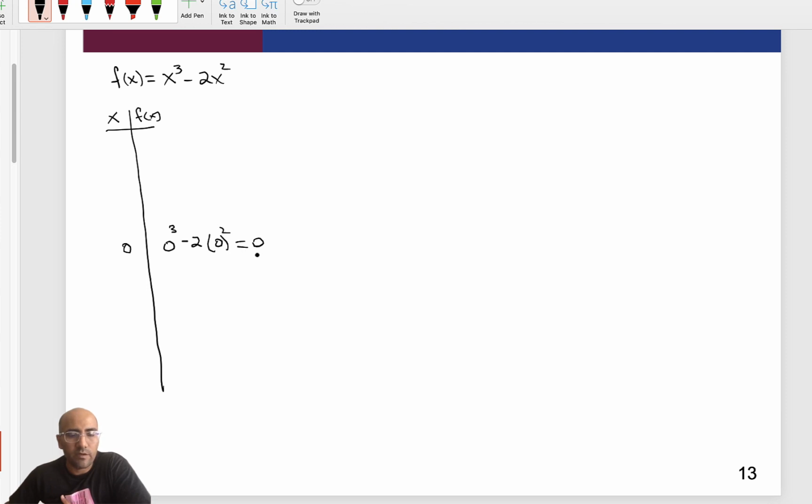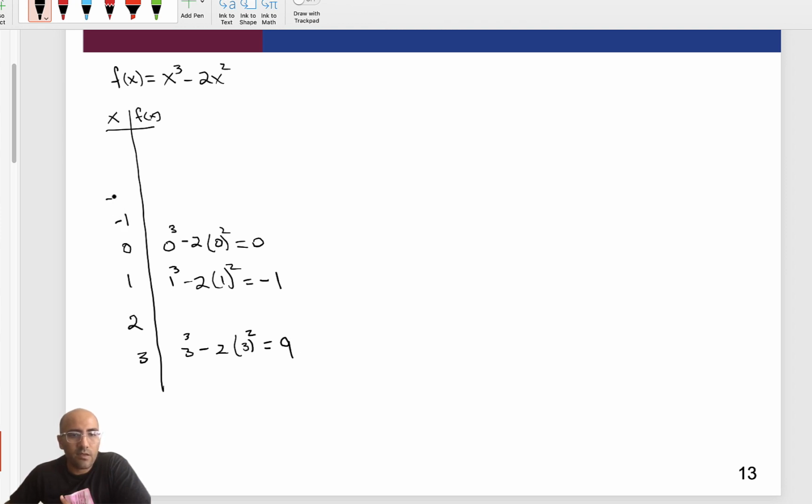That was just going to be 0. Let's see, 1 was going to be 1 cubed minus 2 times 1 squared, which is equal to negative 1. And then let's skip 2. Let's do 3. So 3 cubed minus 2 times 3 squared. That was equal to 9. 27 minus 18, 9.